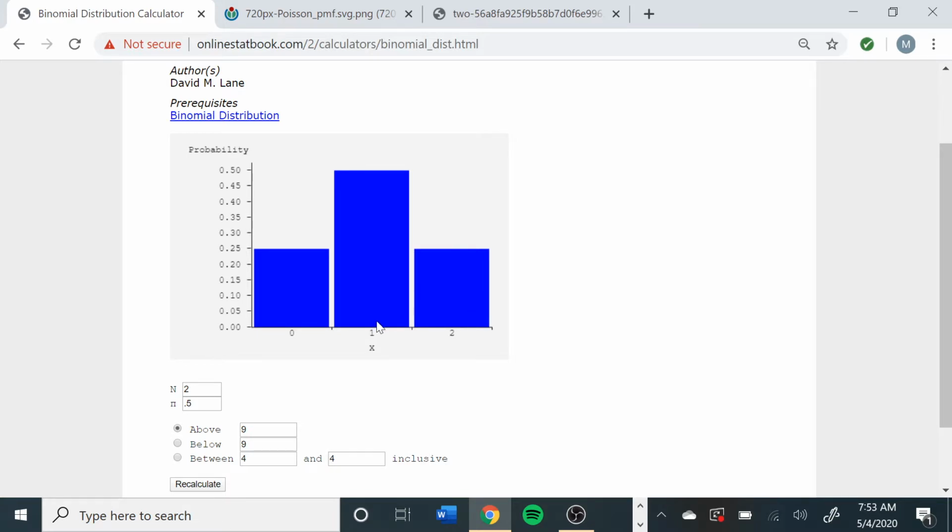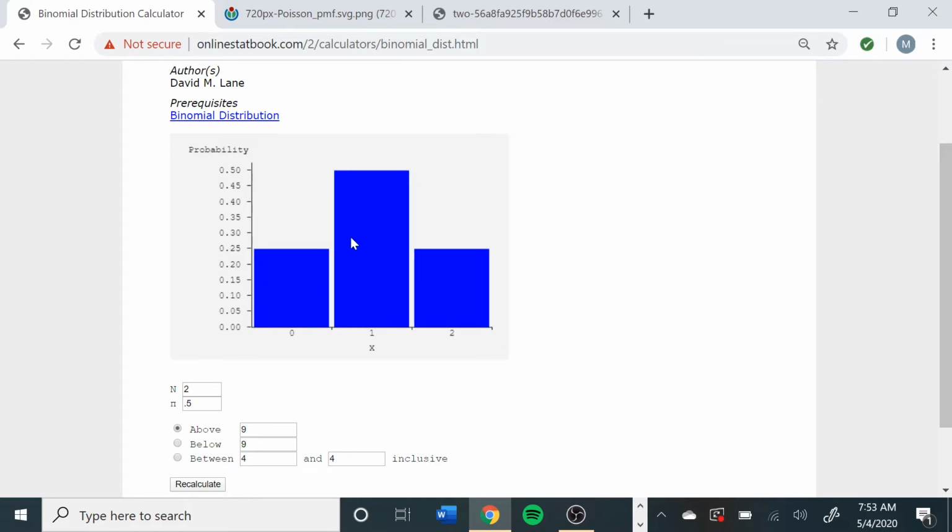On the other hand, there's a 50% probability of getting only one head. We were just talking about why that is: there are two different ways to get a single head. You could get it on the first trial or the second trial. Then there's a 25% probability that you'll get two tails, so no heads at all.